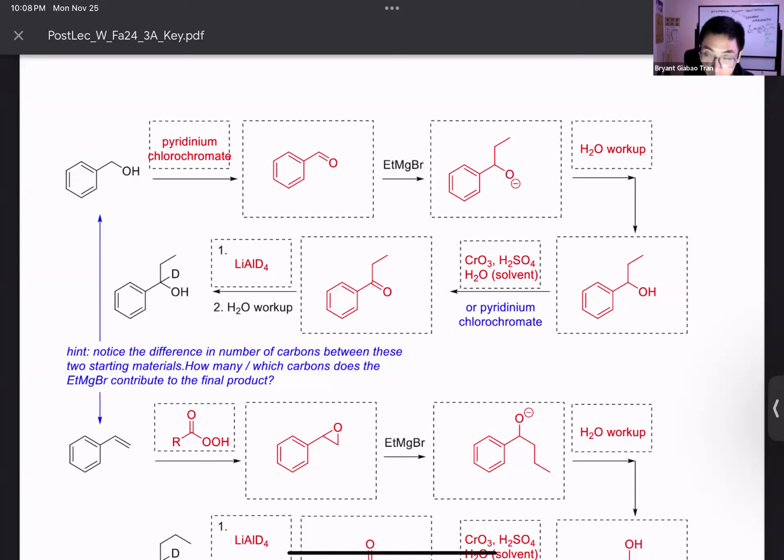If you see any new R group, any new hydrocarbon chain, then that's going to be an organometallic reaction, like a Grignard reagent, organolithium. Yes, organometallic. And then you just ask yourself what the reactants and products would be for that reaction, and try to go backwards or forwards, and meet in the middle.